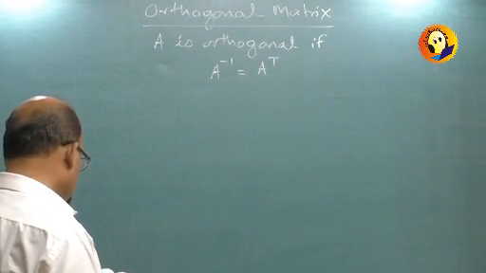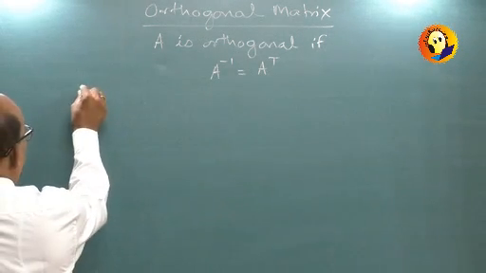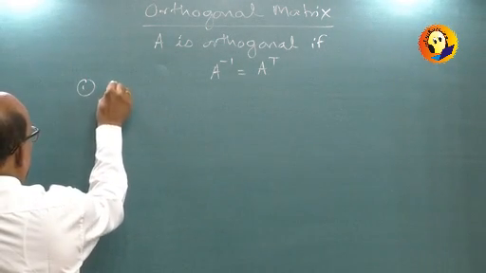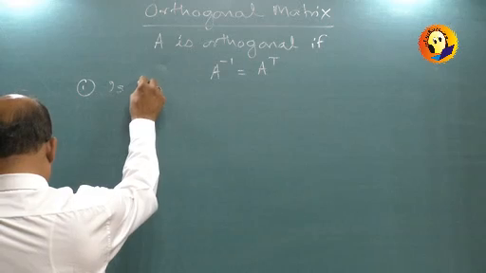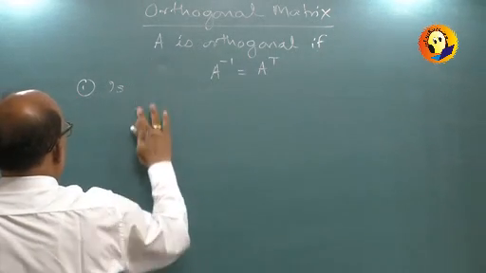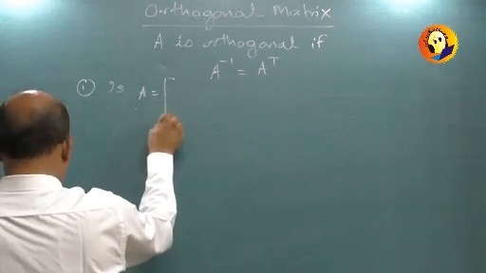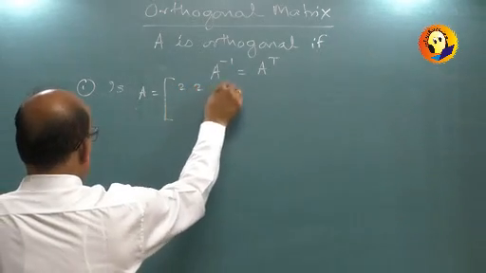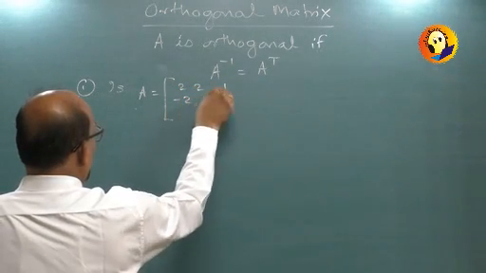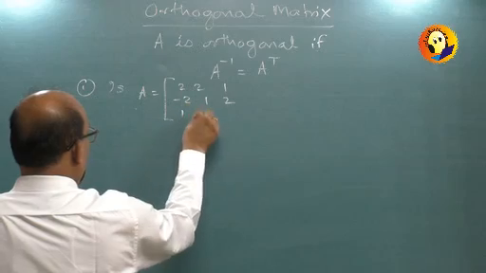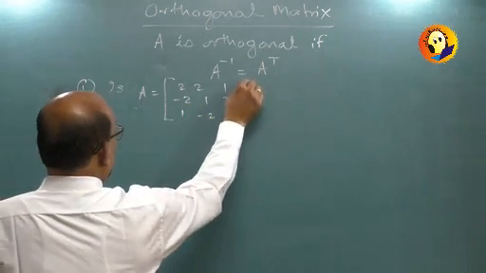So the question is like this: show whether A equal to [2 2 1; minus 2 1 2; 1 minus 2 2] is orthogonal.